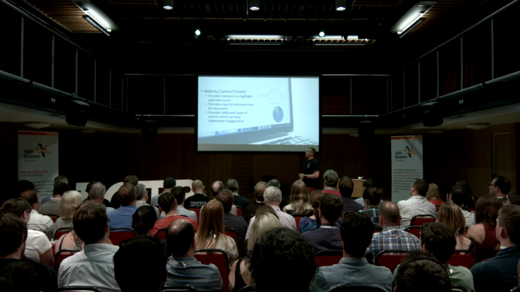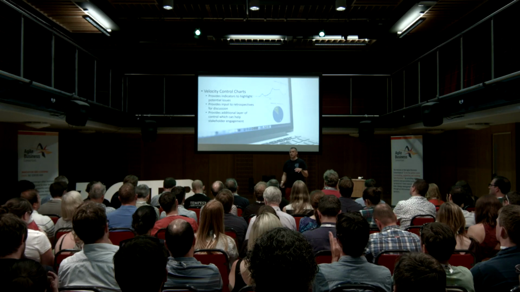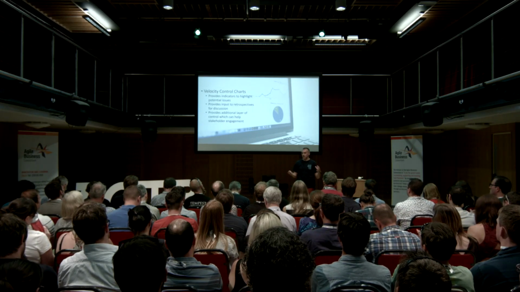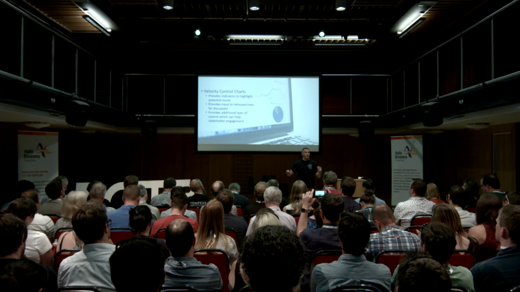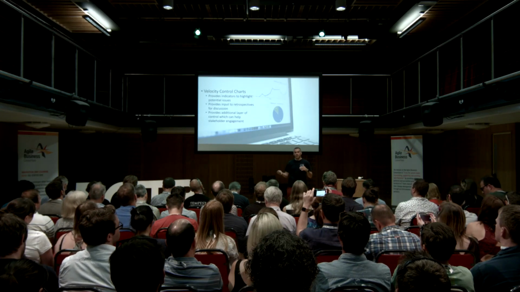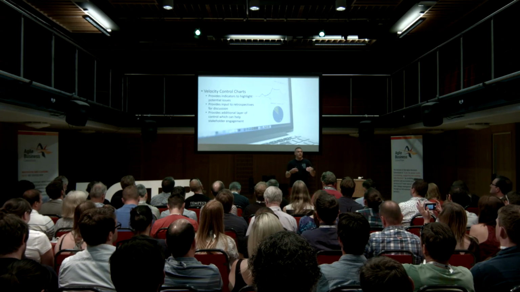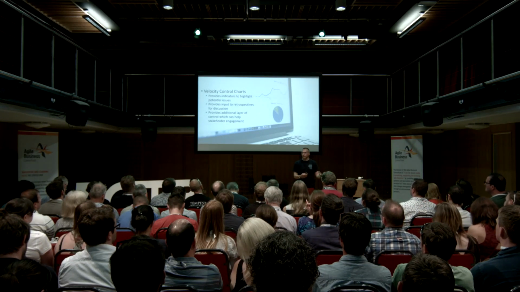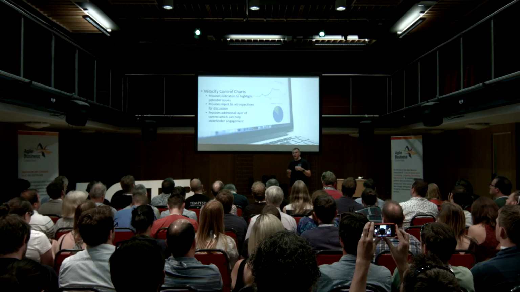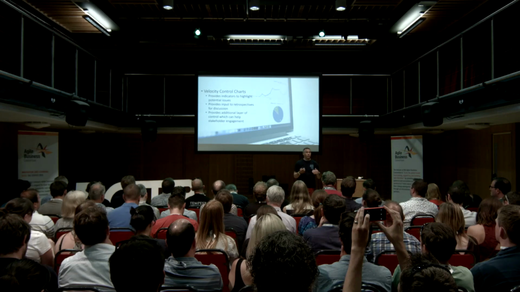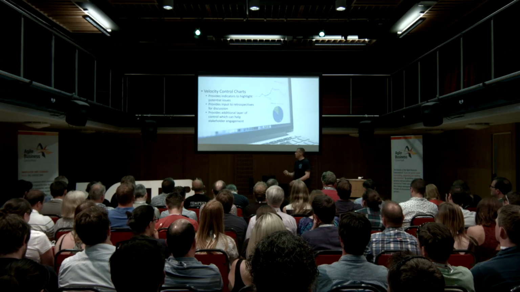We talked about velocity control charts as an additional layer that you can put on top of your regular velocity reporting, and you can use that to start to look for outliers and to start helping you to drive the right conversations in your retrospectives to look for potential problems or potential good things that you might want to do more of or do less of.